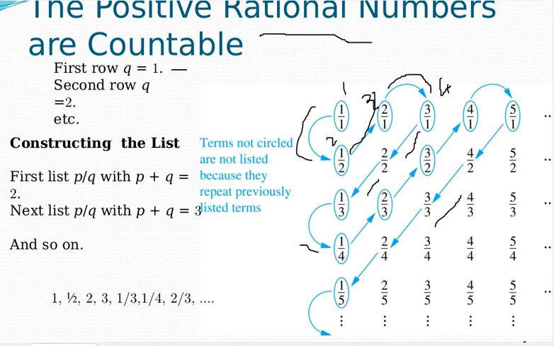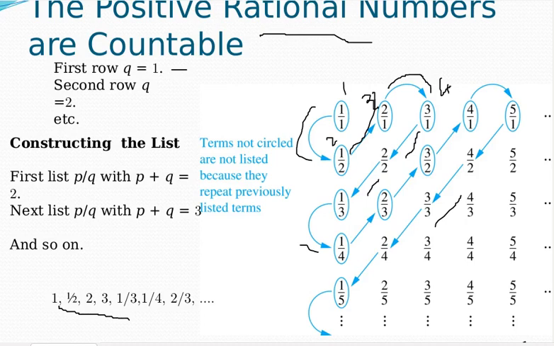So this is how we can list them down as well. So this is the listing of the rational numbers.